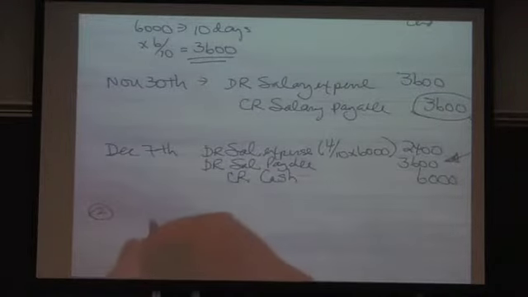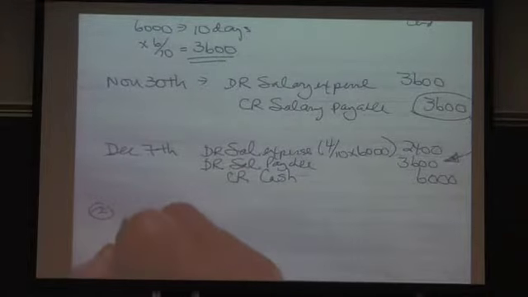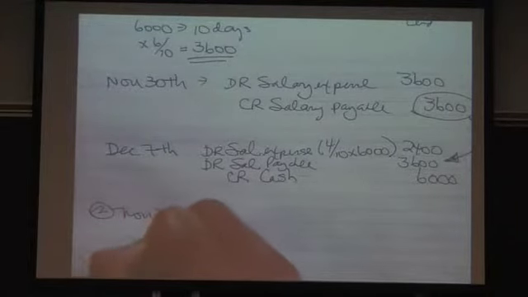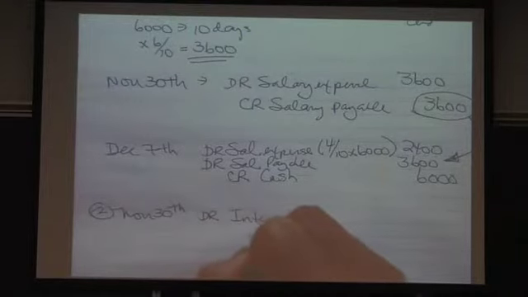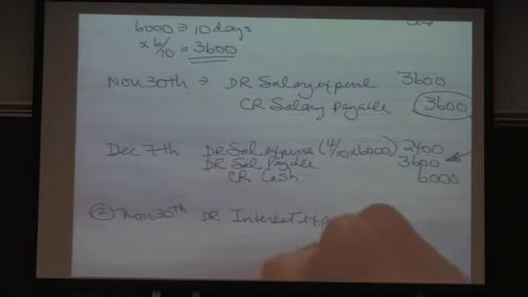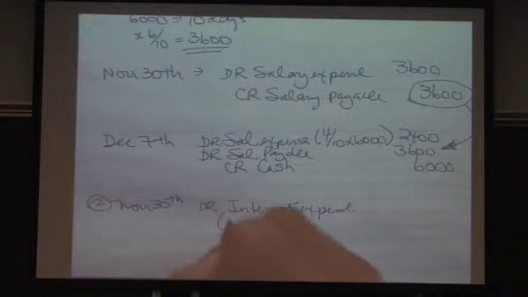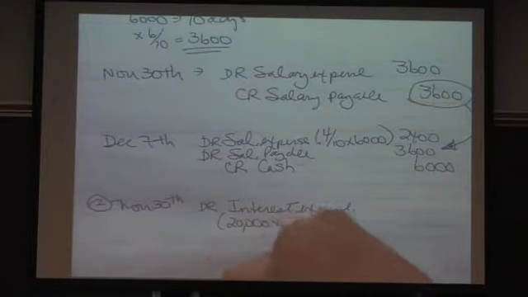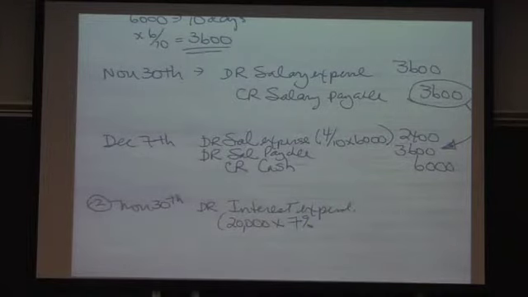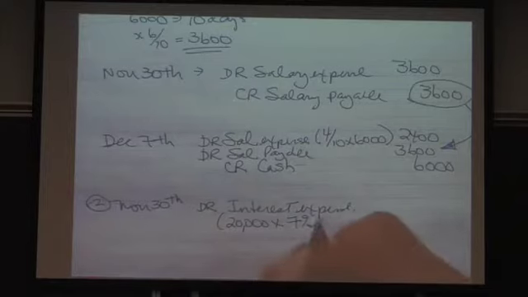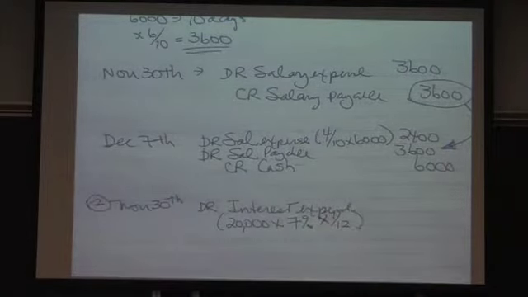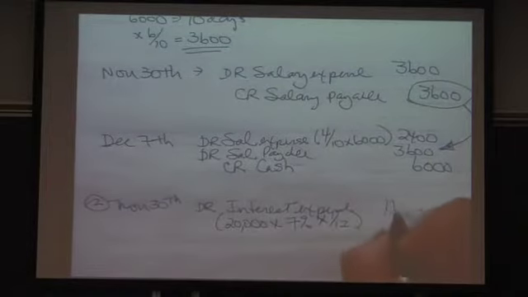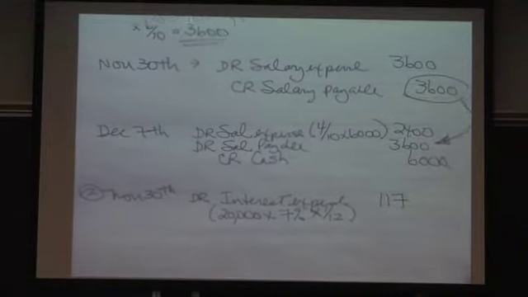So for number 2, we need to accrue. We need to debit interest expense, and that is for 20,000 times 7%, which is the yearly interest rate, times 1 over 12, because that's for 1 month, which is $117. I'm just rounding it up.